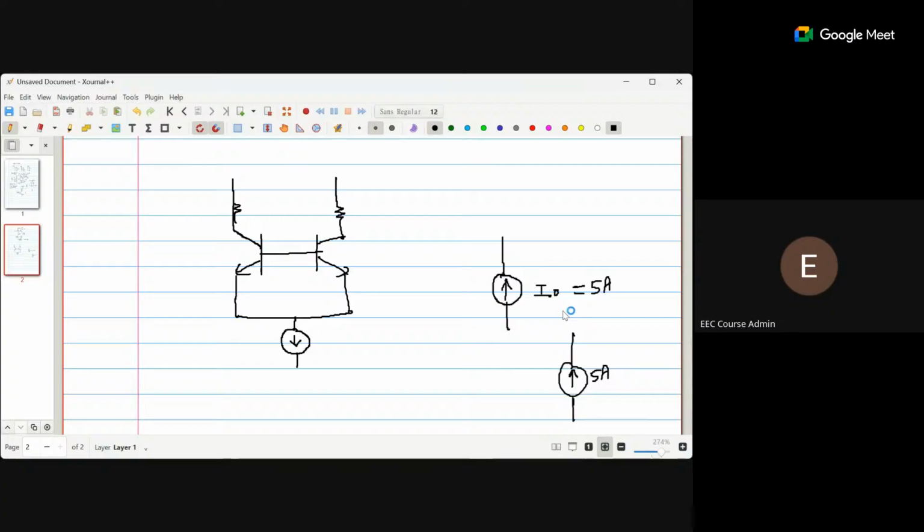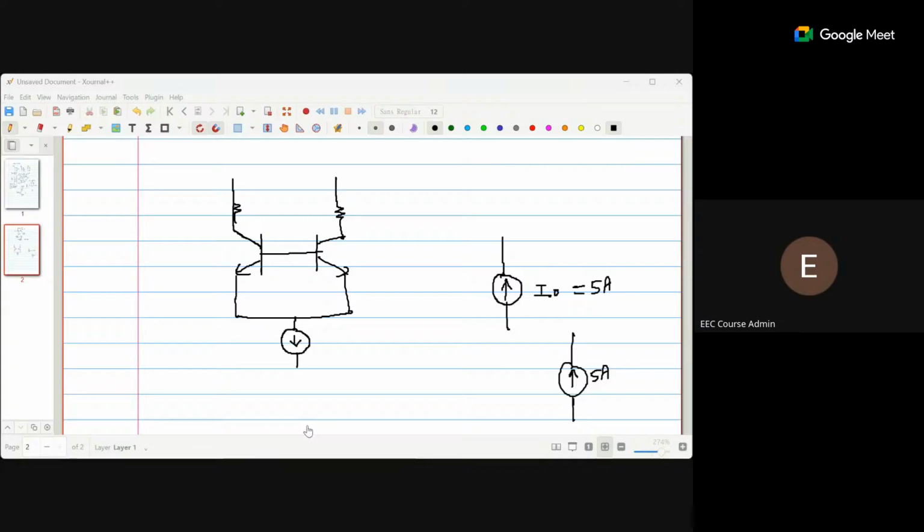How will you design a current source? I was saying IE1 plus IE2 will be equal to 2 I naught. I just want you to try to recollect the current source and current mirror lecture. I'm just trying to lead you towards that.